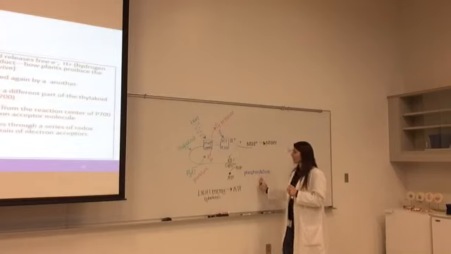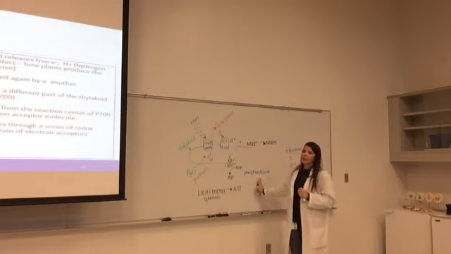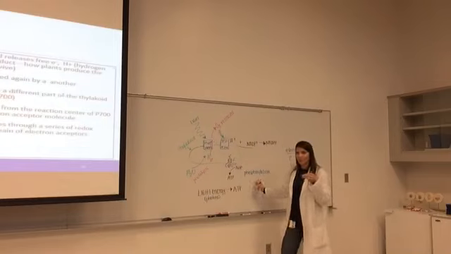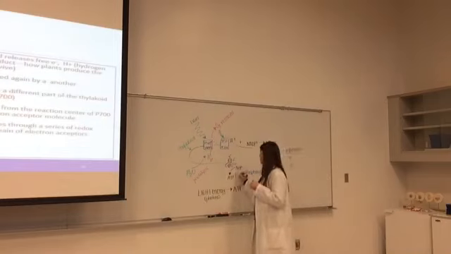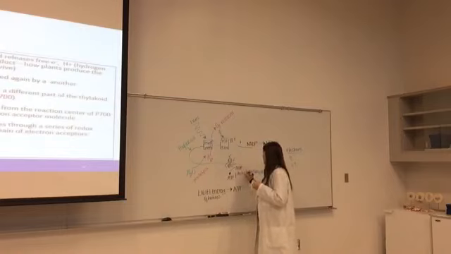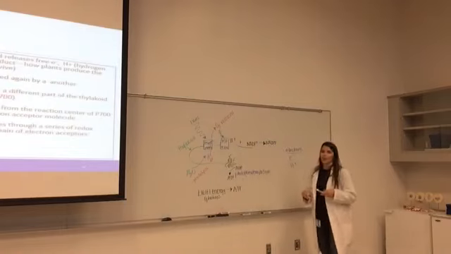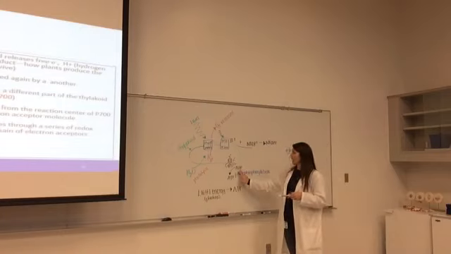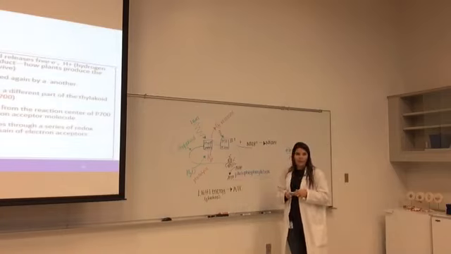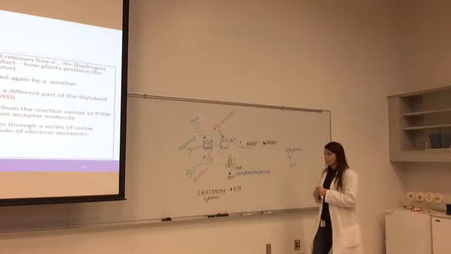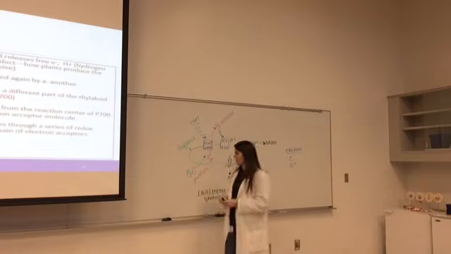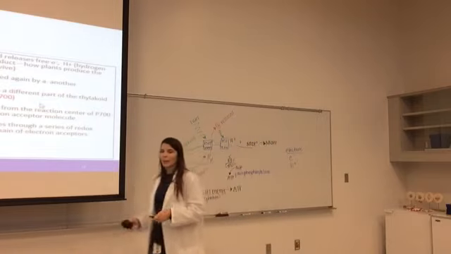What would you call that type of phosphorylation if I used light? Photophosphorylation. Photophosphorylation is where I used light in order to phosphorylate ADP into ATP.